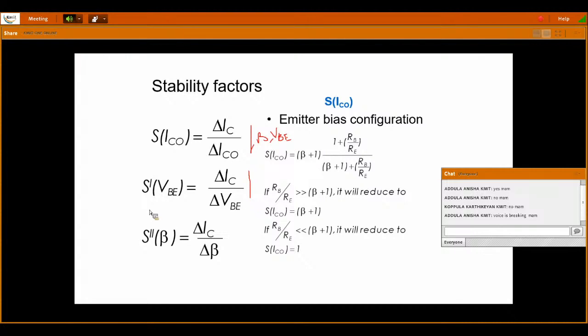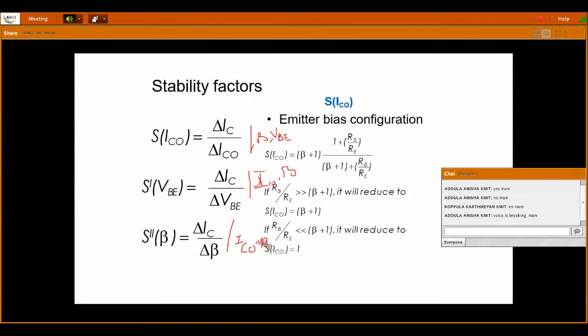Whereas when you are calculating the stability factor S dash, we have to take IC naught, the leakage current, as constant, and beta is also constant. Now when you are analyzing S double dash, we have to maintain the values of IC naught as well as the base to emitter junction voltage VBE constant.